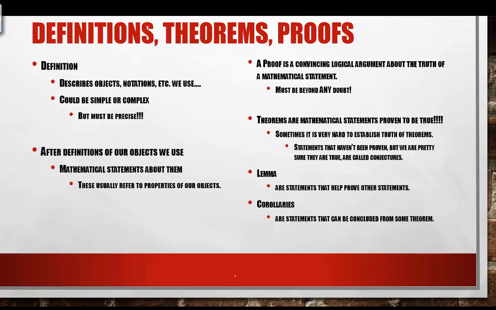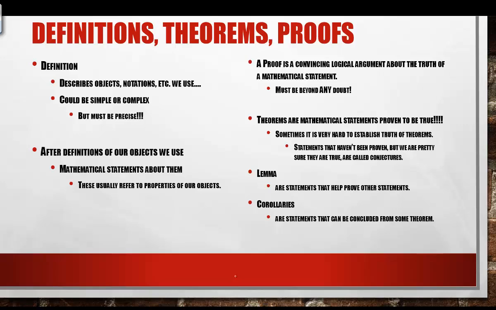In fact, actually, I think I skipped defining theorems. Theorems are statements that have been proven to be true. So once you have a proof for a statement and it is proven, then it's called a theorem. And the ones that are not proven, but you're pretty sure they will be proven at some point, we call them conjectures.